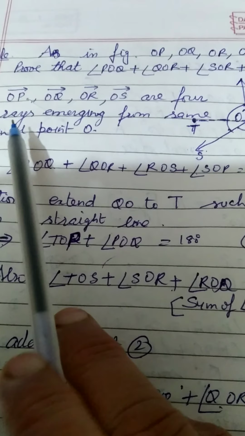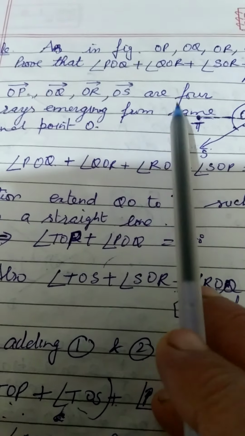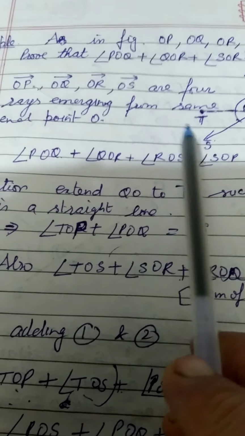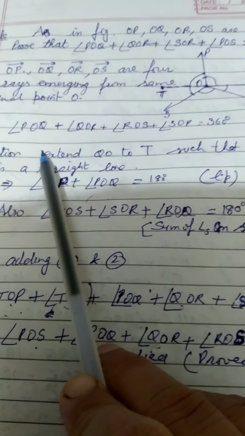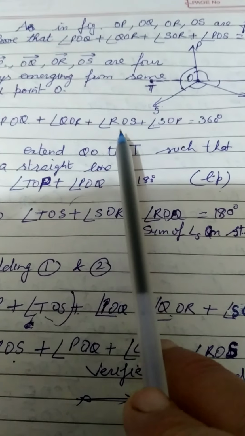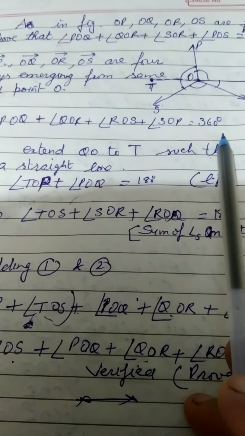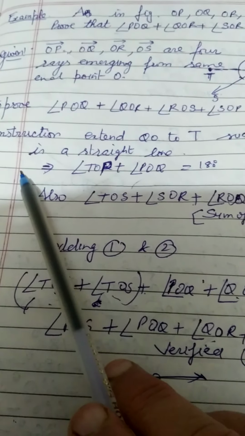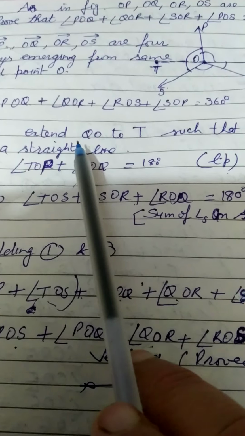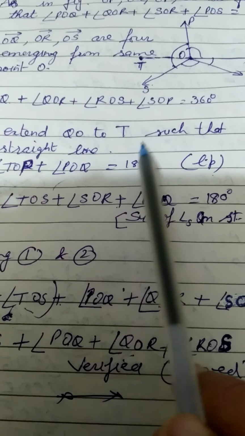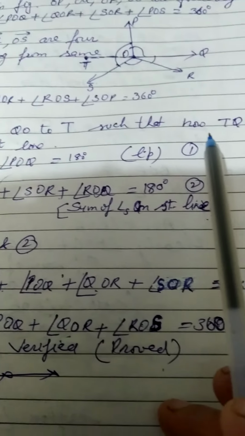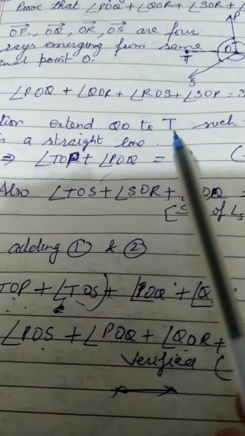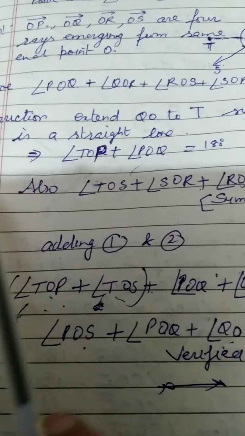Now what was given in it? OP, OQ, OR, OS are four rays emerging from the same point O. To prove is angle POQ plus angle QOR plus angle ROS plus angle SOP is equal to 360. Now the construction is: extend QO to T such that TQ is a straight line.